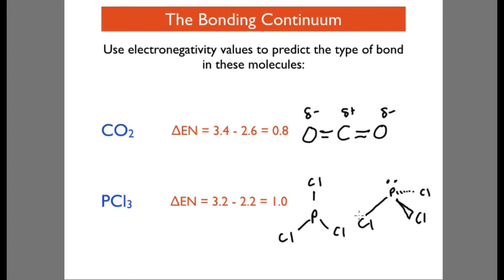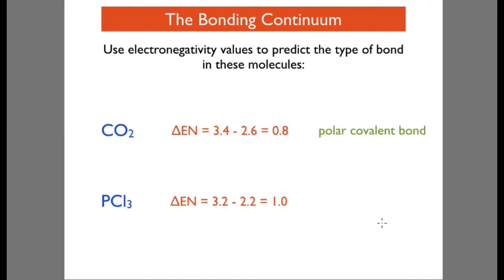And you can see all the chlorines here are below this phosphorus. So you're still going to get a dipole heading downwards towards this chlorine region from the delta positive phosphorus. The carbon-oxygen bond would of course be polar covalent, and the phosphorus-chlorine bond also polar covalent.